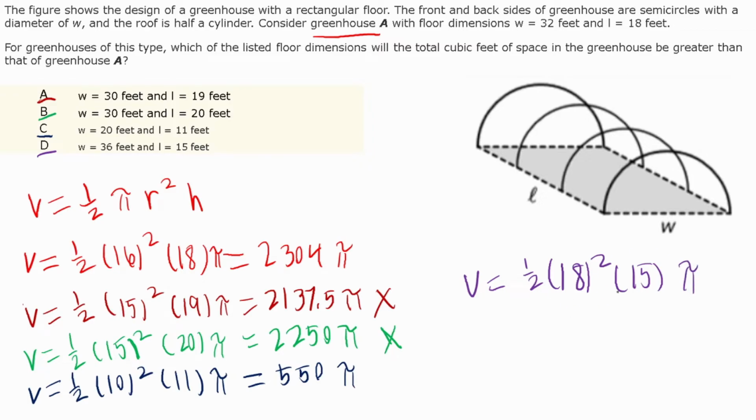So this one has to be bigger. Let's find out if it is. It's going to give me, 1 second, let me just plug it in. 18 and 15. This is going to give me 2,430 pi.